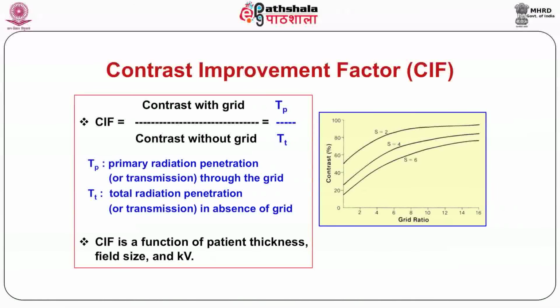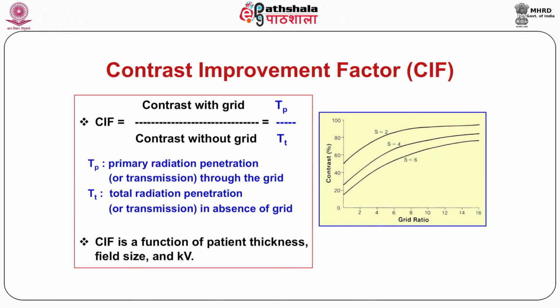That is, the contrast improvement factor is equal to contrast with grid upon contrast without grid, which in symbolic form is given as capital TP upon capital TT, where TP is the primary radiation penetration or transmission through the grid and TT is the total radiation penetration or transmission in the absence of the grid. The relation between contrast and grid ratio is given in the figure.